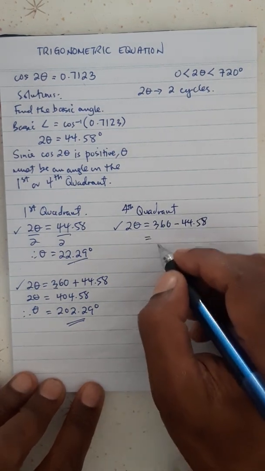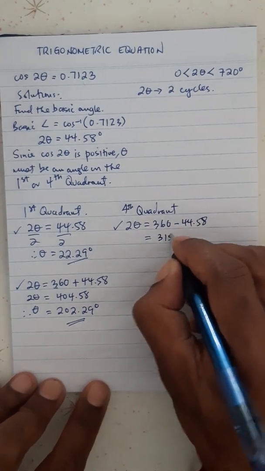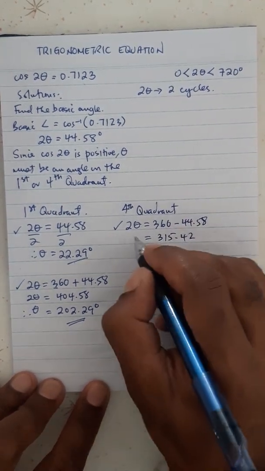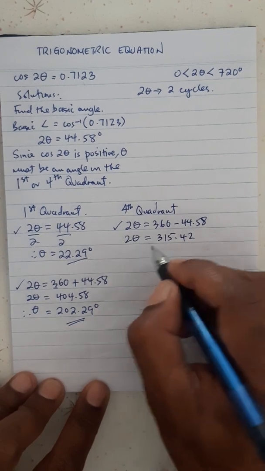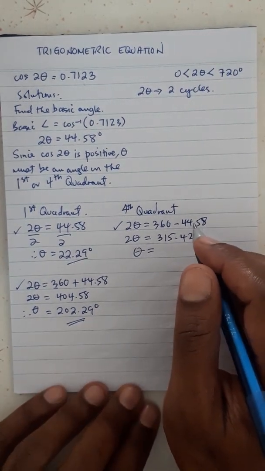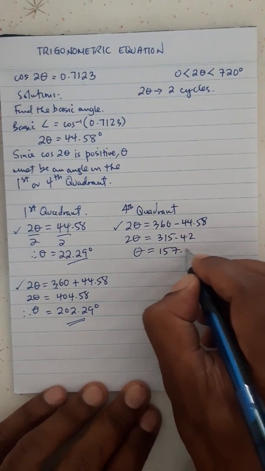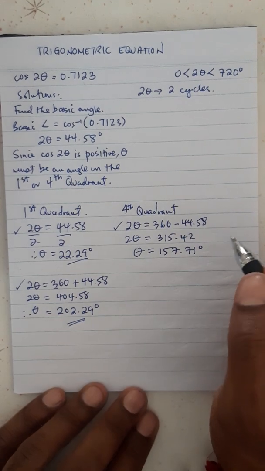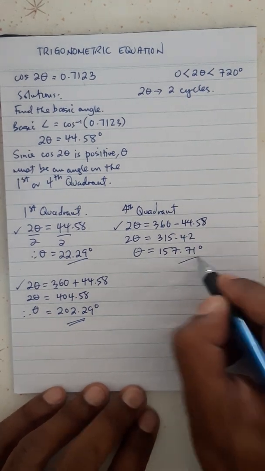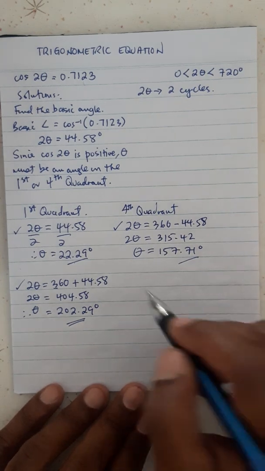So 360 minus 44.58 gives me 315.42. So 2 theta is equal to that, and theta is now 315.42 divided by 2, which gives me 157.71 degrees. This is the angle in the fourth quadrant in the first cycle.